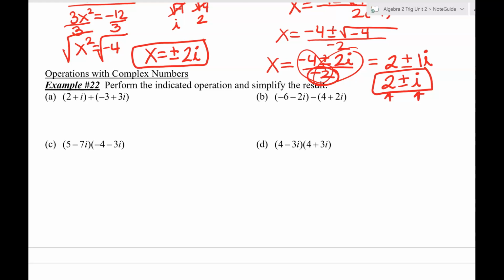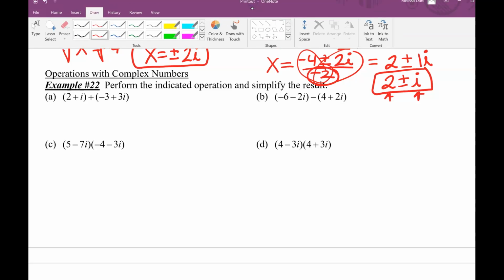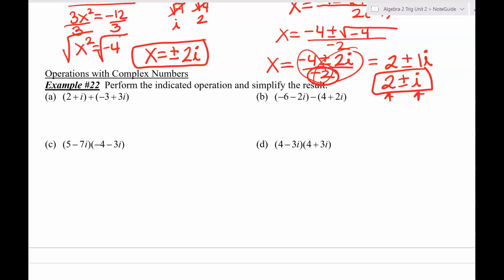All right, so how do operations work? They are still part of our number system, so we tend to still add and subtract and multiply the same ways, and real parts cannot be combined with imaginary parts, but like terms, like 2 real parts or 2 imaginary parts, can be combined together. So when you see something like an addition problem, real parts can be combined together, and imaginary parts can be combined together.